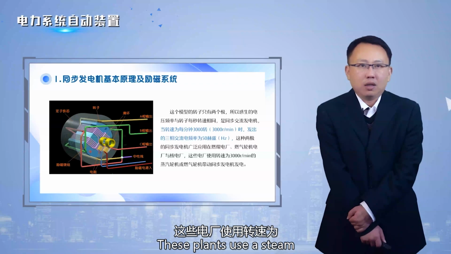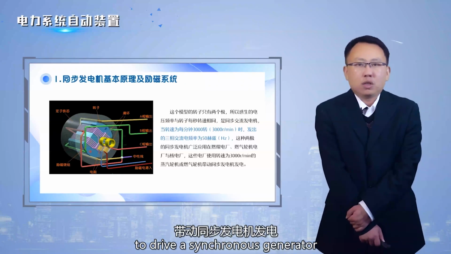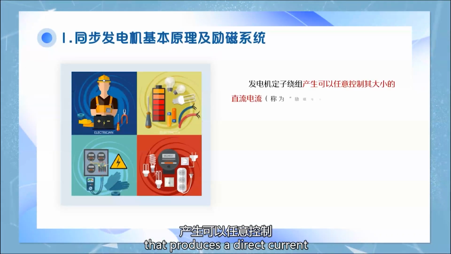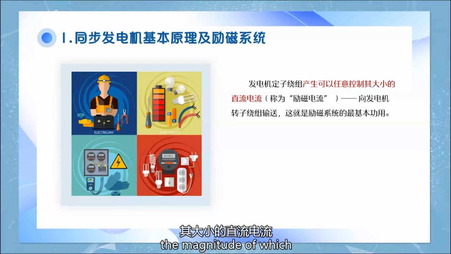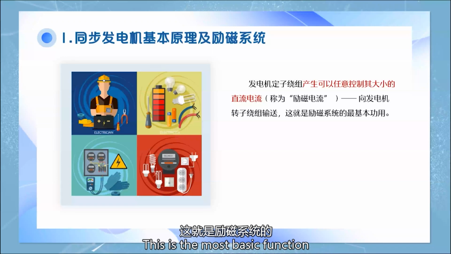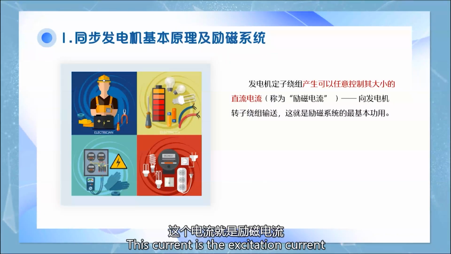These plants use a steam or gas turbine with a speed of 3,000 rpm to drive a synchronous generator, which needs a direct current, the magnitude of which can be controlled at will, supplied to the generator's rotor winding. This is the most basic function of the excitation system. This current is the excitation current.